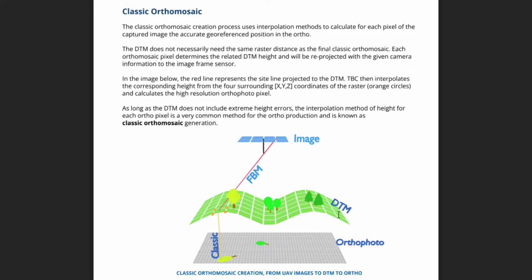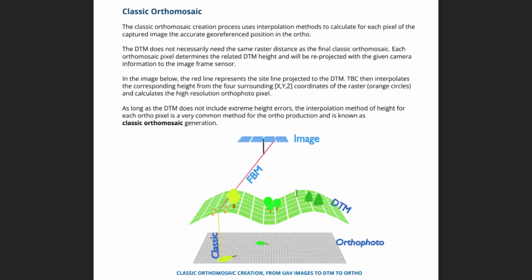And no surprise, when you select in TBC the elevation type digital terrain model, then this is the point cloud that we try to extract automatically. In the previous video we also showed, for example, the difference between the digital surface model and digital terrain model, where we see that the DTM always tries to stay on the ground.